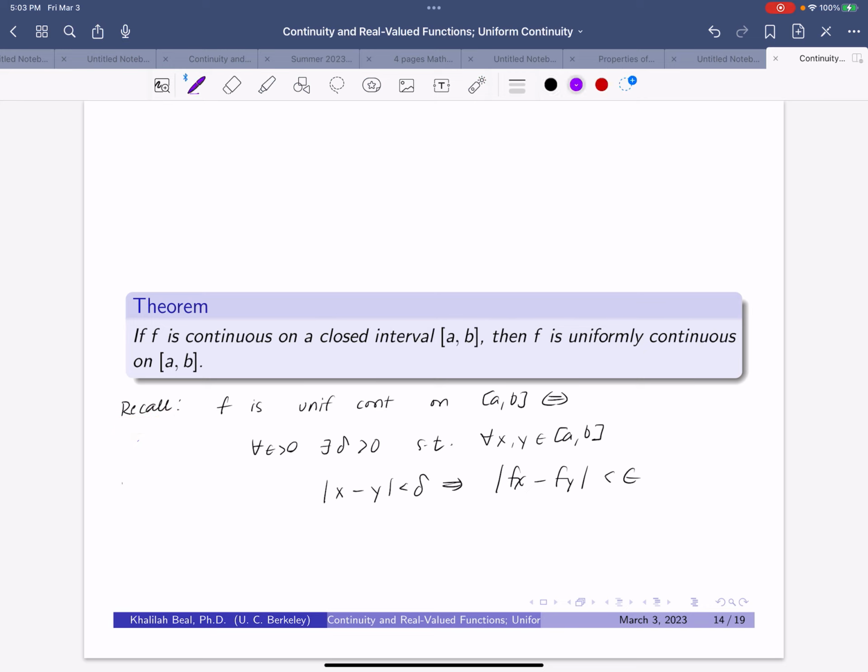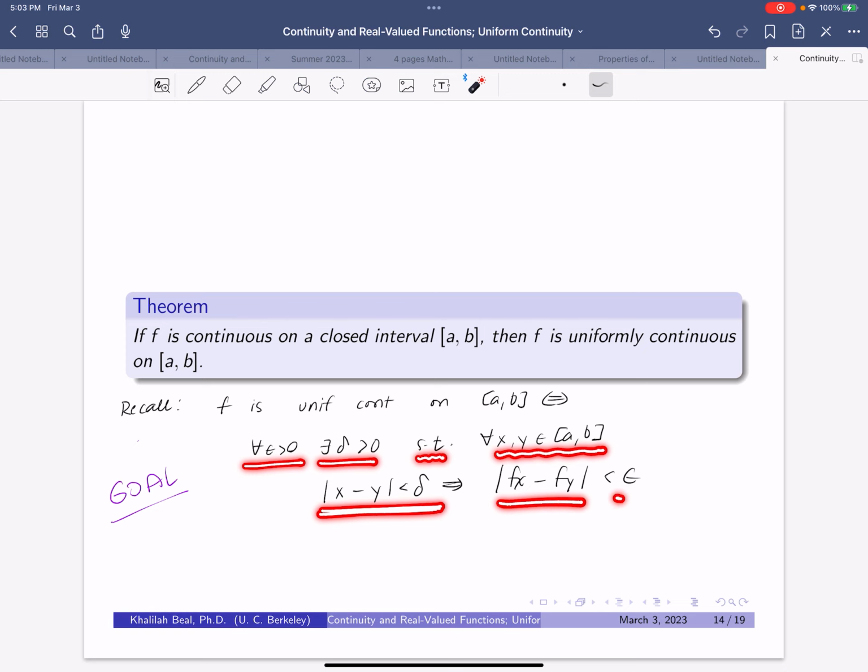Well, our goal is going to be to show that for every epsilon greater than 0, there exists a delta such that whenever x and y are points in AB, if they are within delta units of each other, then their images are within epsilon units of each other.